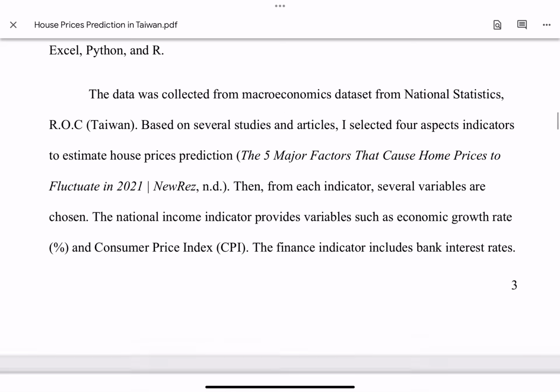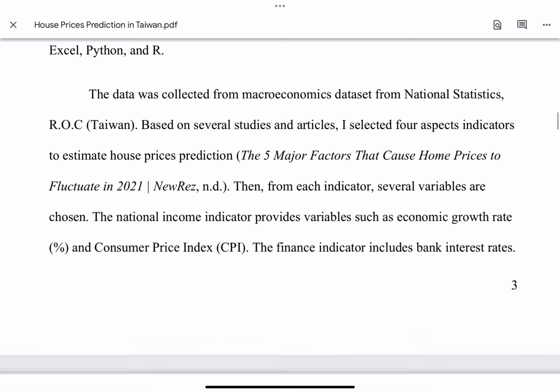So the variables include year. Year is from 2011 to 2020. And we must have the house price index. The house price index is an index to show the general idea about the price for one floor.